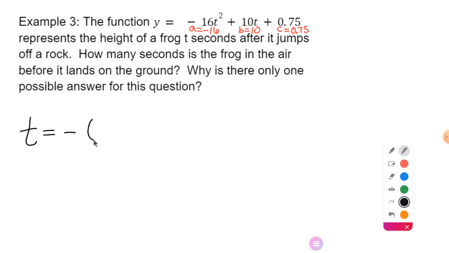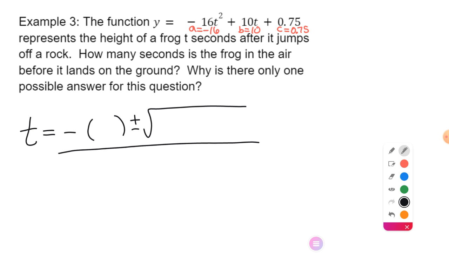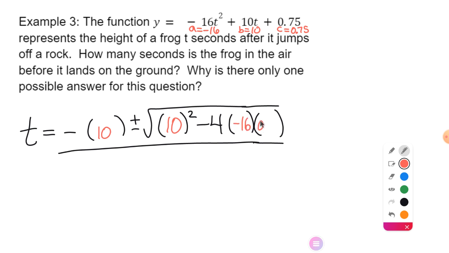So t equals negative b, so negative 10 plus or minus the square root of b, 10 squared, minus 4 times my a times my c. A is negative 16, C is 0.75, all over 2 times my A, negative 16.